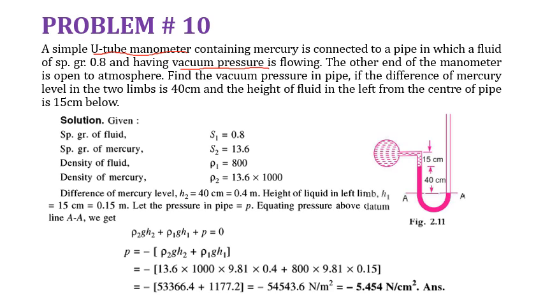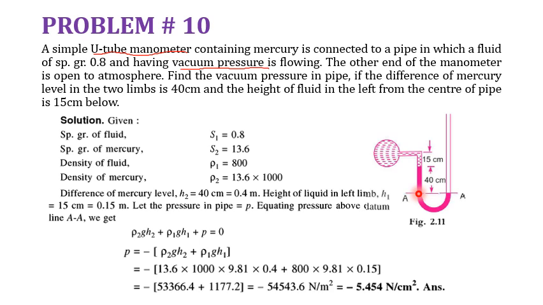So this rho 1 is the density of the flowing fluid and h1 is this height, which is 15 centimeter, 0.15 meter. And again we are going downward till the datum AA, and the density is rho 2, which is mercury.